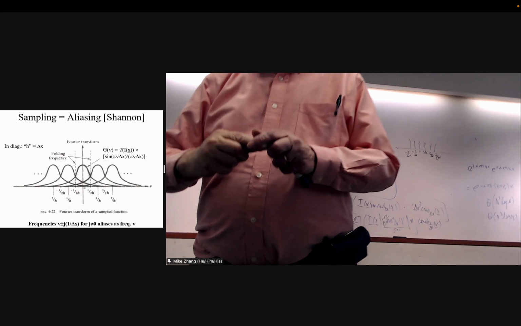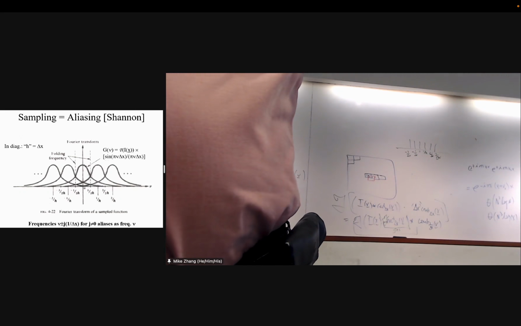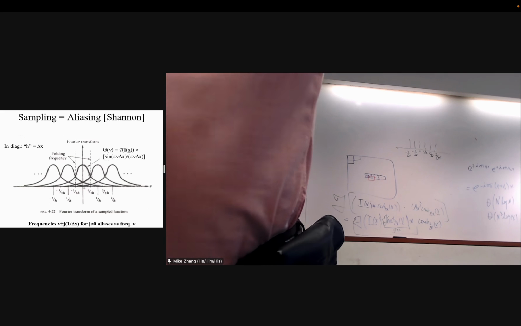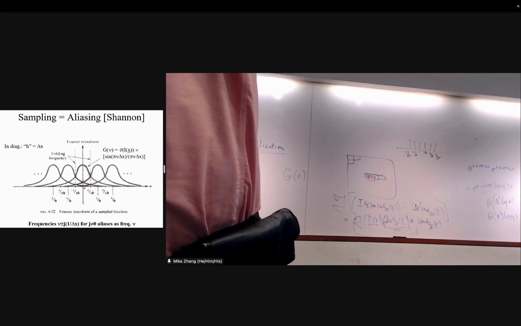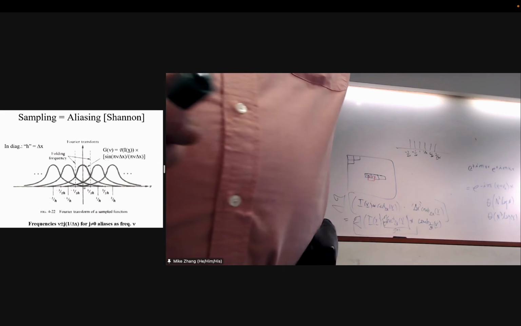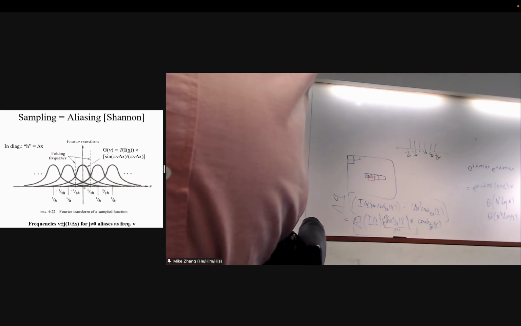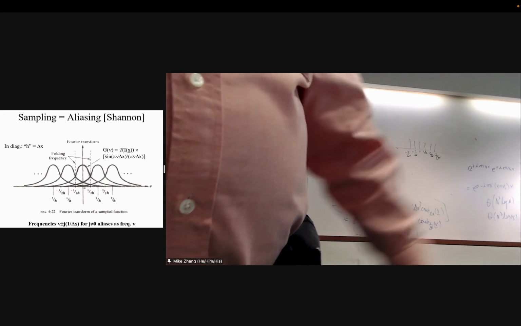There's one at 0. There's one at 1 times 1 over delta x, 1 meaning an impulse. There's an impulse at 2 times 1 over delta x. There's an impulse at 3 times 1 over delta x. Likewise, there's one at minus 1 over delta x, minus 2 over delta x, all the way to infinity. Right?